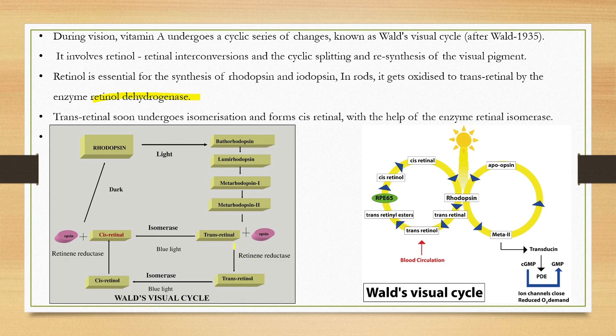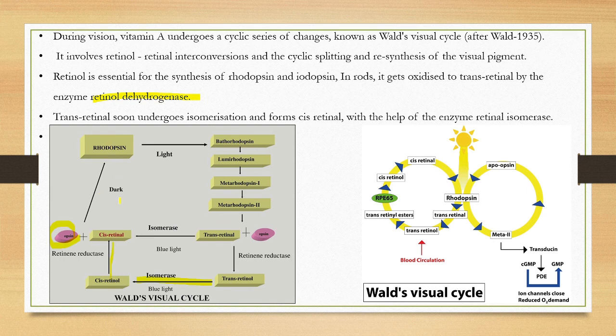Now the trans-retinal is converted to trans-retinol by retinal reductase. Then it isomerizes to form cis-retinol, which combines with the opsin to form rhodopsin again.